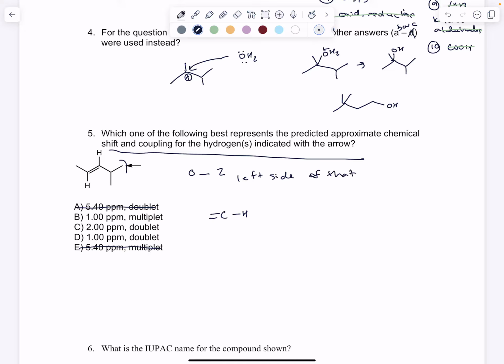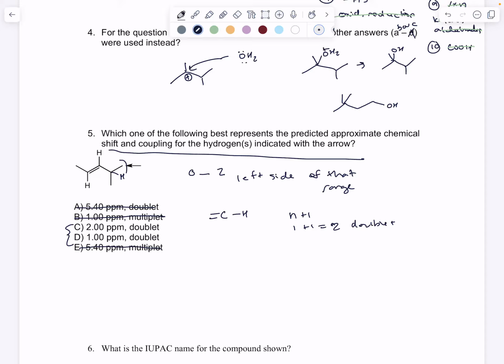And then I'm going to look at the splitting pattern. So if I look at my neighbors, it looks like we only have one neighbor. So the splitting pattern would be N plus 1, neighbors is 1 plus 1, so that would be a doublet. So it's going to be somewhere between these two. And I think this is kind of tricky, honestly.